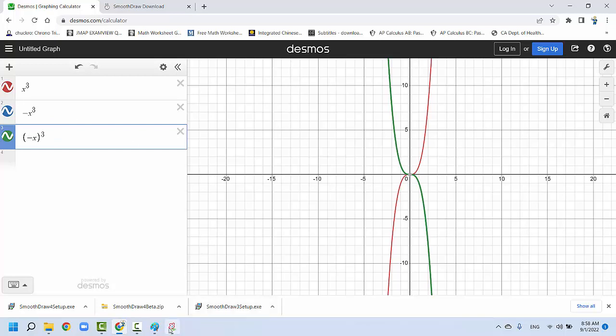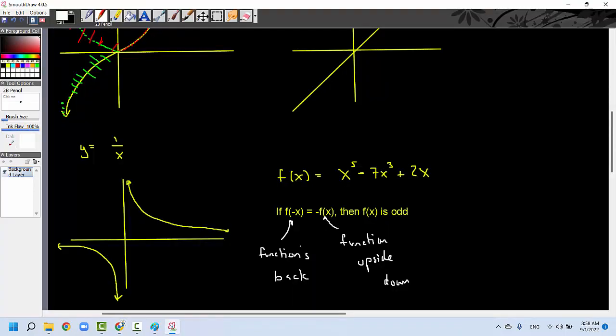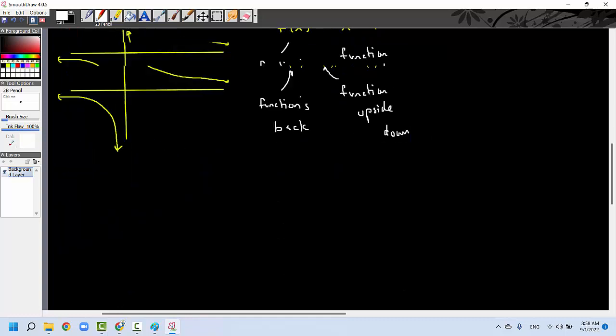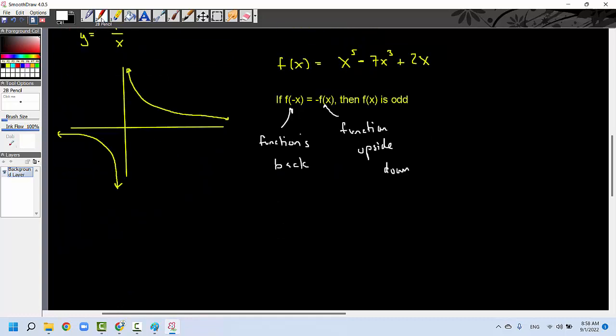And so that's how we're going to determine if a function is even or odd without having to graph that function. So if I look at f of x, let's check it out. I'm going to do f of negative x. Again, I'm referring to the function up here, the one that I just wrote. That's going to be negative x to the fifth minus 7 times negative x cubed plus 2 times negative x.